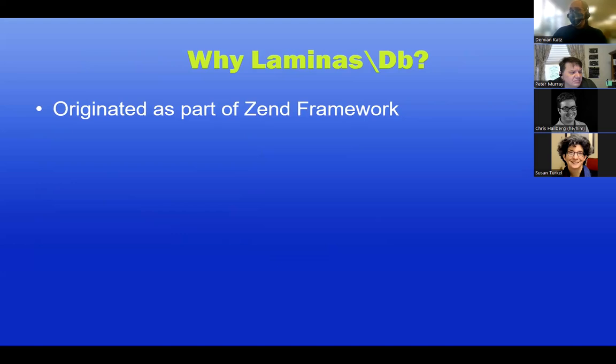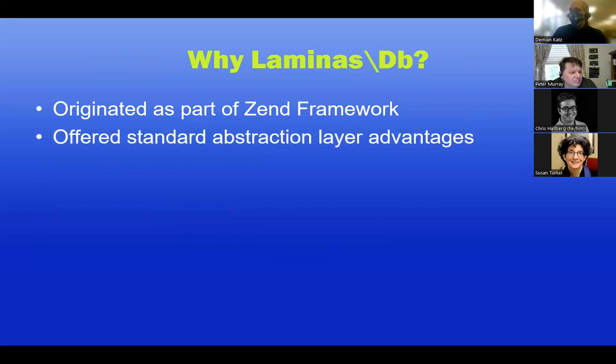And buying into a framework was more about using that framework for absolutely everything, because we hadn't yet gotten wonderful things like Composer and the current ecosystem of packages. So Laminas DB was selected largely because it was there and it just was the thing to use, which is not to say that it's a bad library.